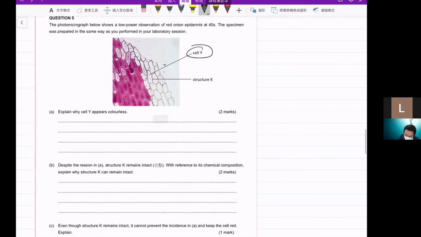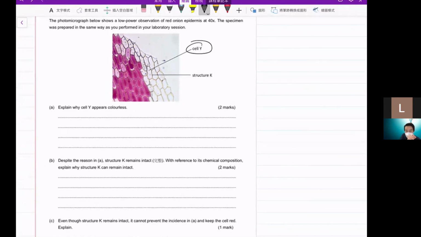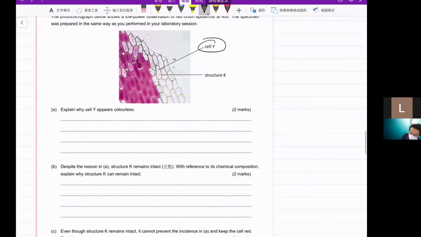So when you peel the epidermis out, the cell membrane of cell Y is broken. So the red pigment leaks out, right? So cell Y is damaged. The cell membrane of cell Y is damaged, so you cannot find red pigment inside.